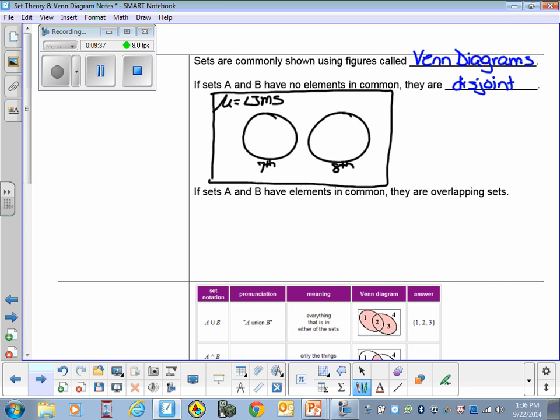So they're disjoint. They have nothing in common with each other. And out here we also have teachers. They're part of the LJMS universe, but they're not part of the 7th grade set, and they're not part of the 8th grade set. Do the teachers have a disc? No, they're part of the universe, but they're not part of the sets.